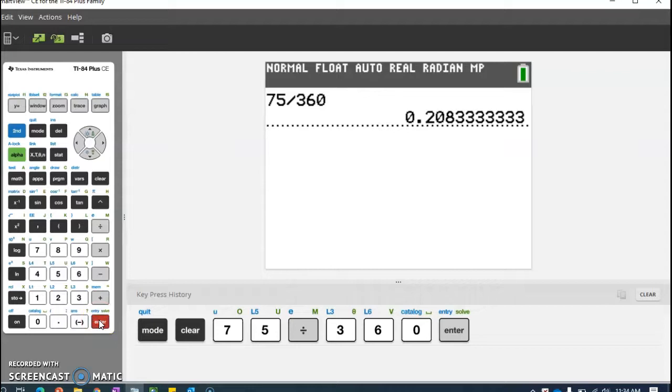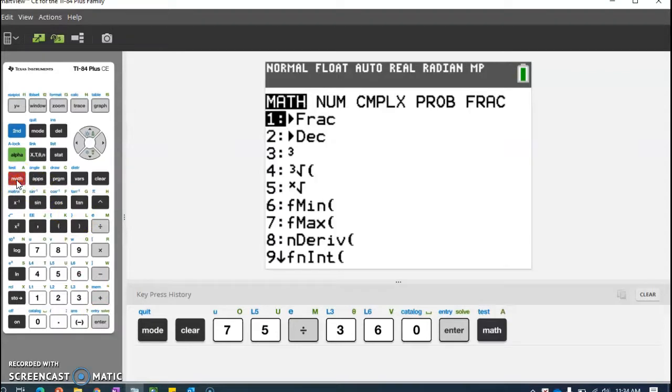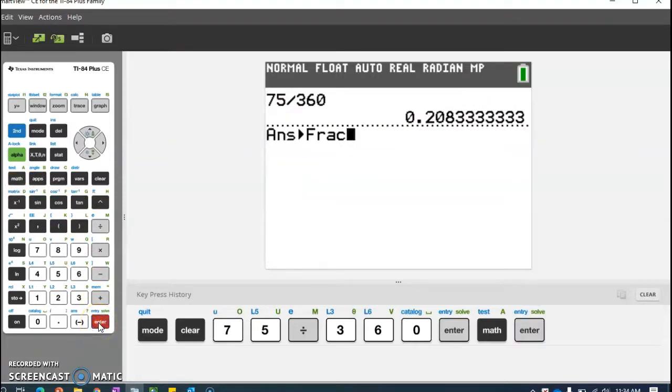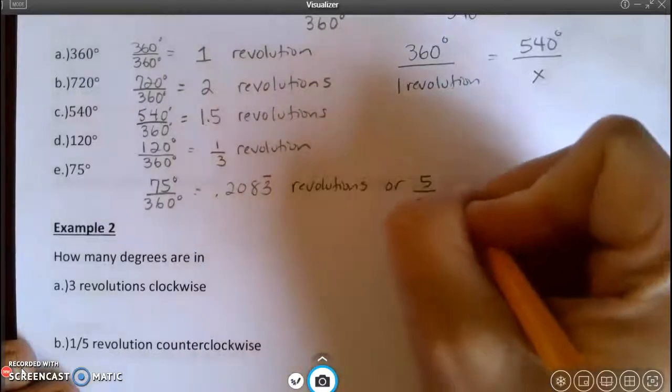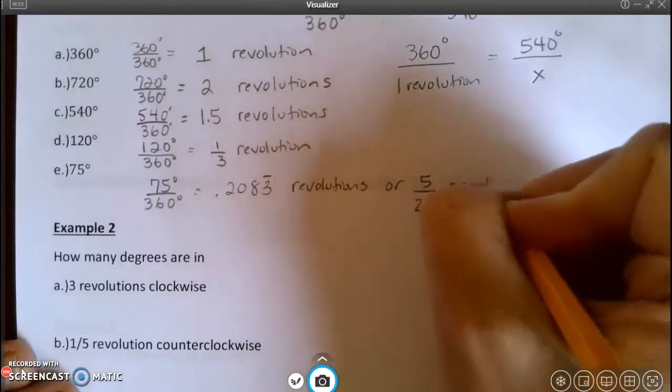If I would like to convert that to a fraction, I go to Math, and it's already on fraction. I hit Enter, and I hit Enter, and this is going to convert my decimal answer to a fraction, 5/24. So I can say that this is 5/24 of a revolution.